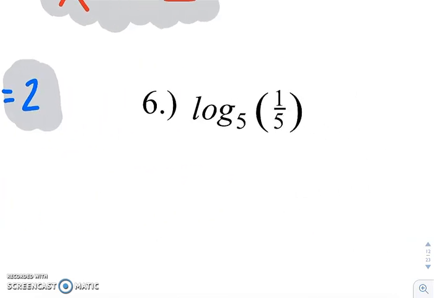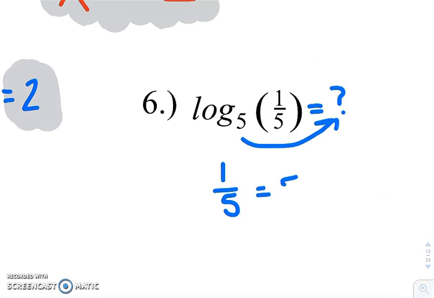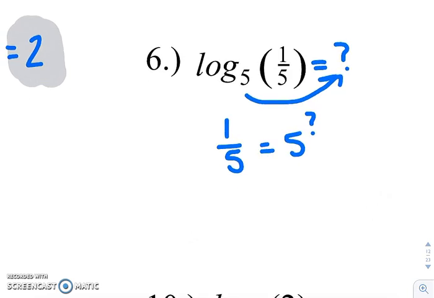So how about log base 5 of 1/5? What would that equal? We're trying to figure out, okay, 1/5 equals 5 to what power? Whenever you're going from a fraction to a whole number or a whole number to a fraction, your exponent has to be negative. So really, 5 to what power would get you 5?